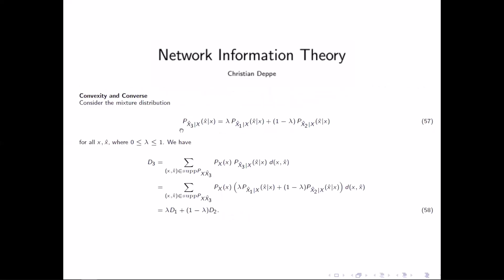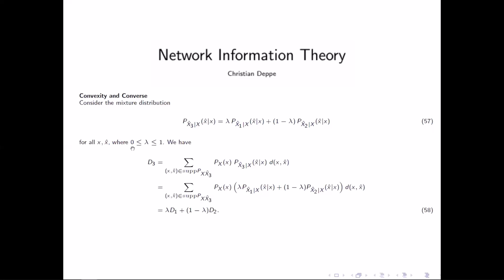Now we consider a thought distribution, P x tilde given x, which is lambda times P x hat 1 under the condition x plus 1 minus lambda P x hat 2 under the condition x.